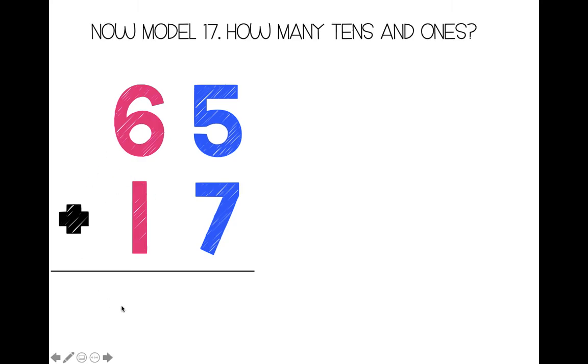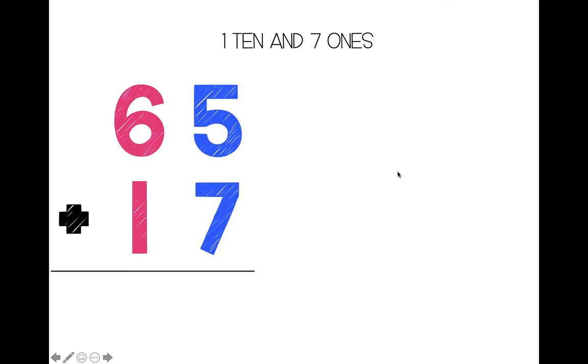Now model your 17 because remember, we're adding 17 more. So how many tens and ones do you need to draw on your place value chart now? That's right, you need 1 ten and 7 ones. Go ahead and draw your 1 more 10 and 7 more ones on your place value chart.